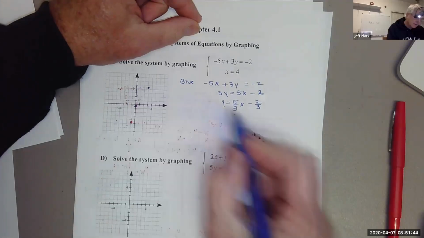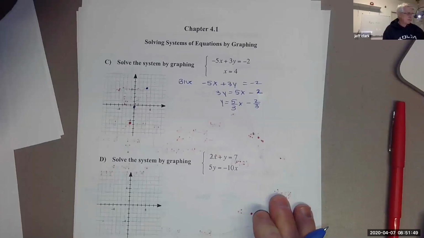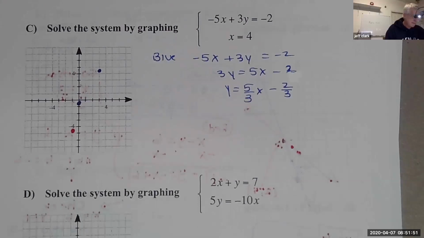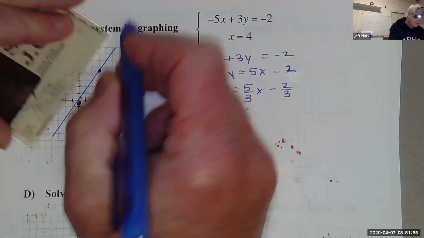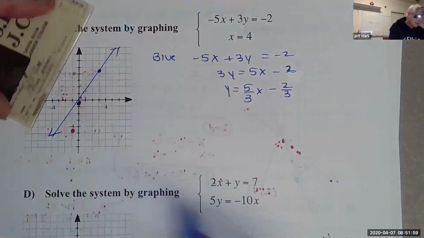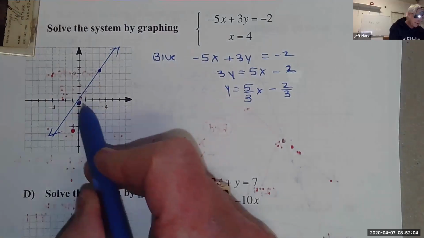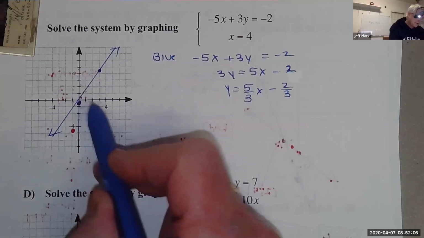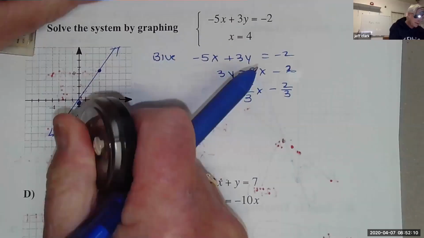And then maybe connect the dots. See, I didn't do a very good job on passing that through. That could be a problem on trying to guess the answer. And that red dot is from the other side of the paper, so let's try to ignore that. That's not part of the answer.